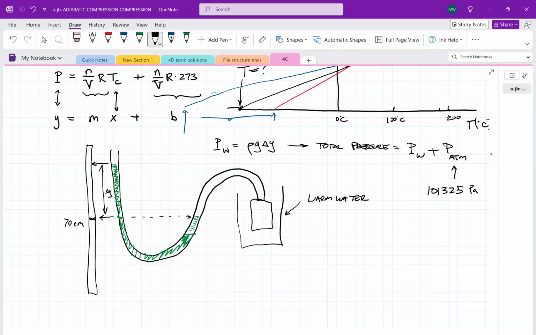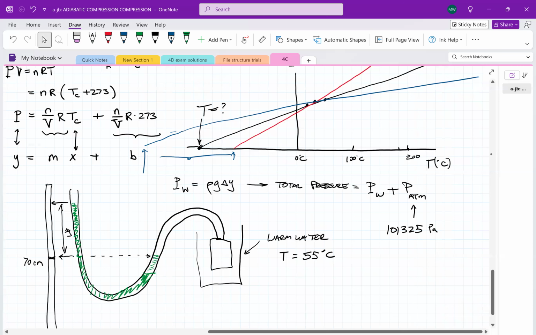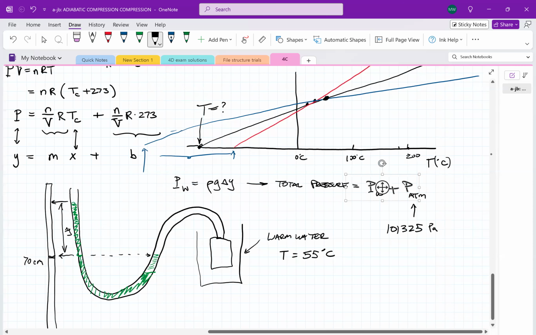Nonetheless, you'll have now a pressure that I've calculated. I have a temperature of the water. This is warm water. Maybe the temperature was equal to 55 centigrade. Okay, so I have 55 centigrade water. I have a pressure, and that is a point on my PV graph. Maybe it's, say, this one right here. Okay, maybe it's that one right there.